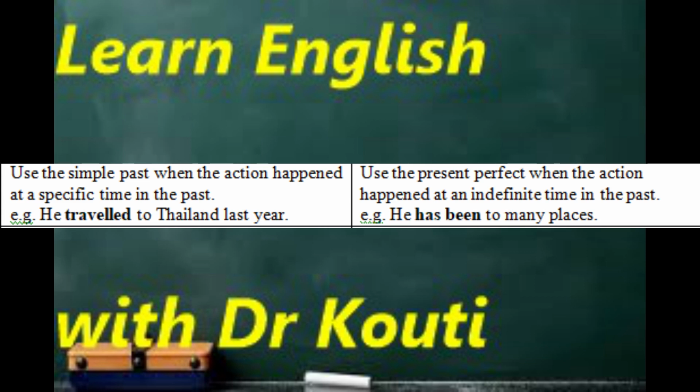Use the present perfect when the action happened at an indefinite time in the past. For example, he has been to many places, but we don't know when exactly. So here, the present perfect is more appropriate.